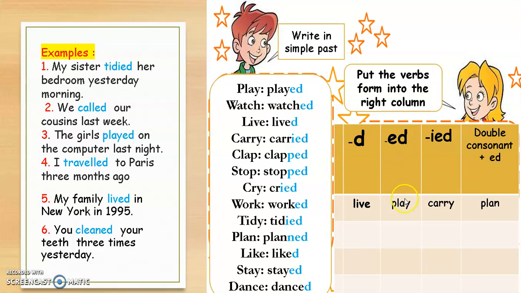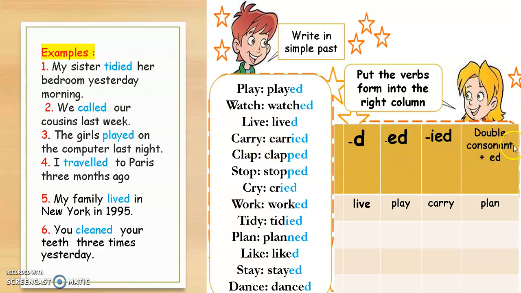ED, what verbs that end with Y or any other consonant or vowel, and we only add ED to them. So for example here, play, you see, play. I made it easy for you here, so you can just read the verbs and see the colored letters, and then you will know. And IED, like carry, because it ends with Y, it becomes carried.